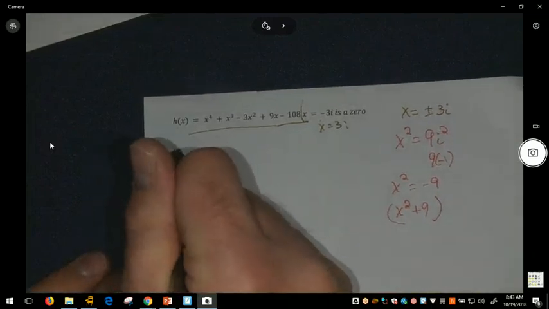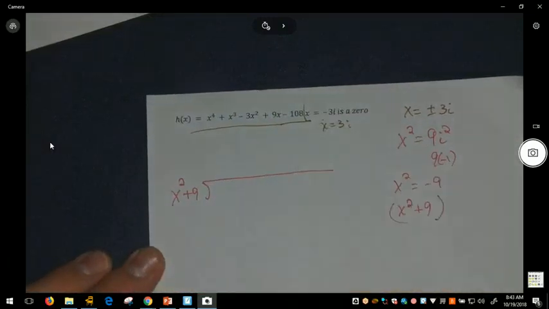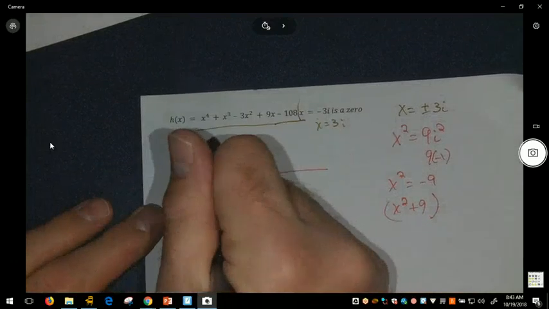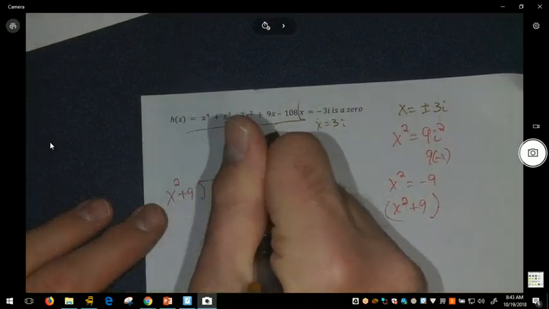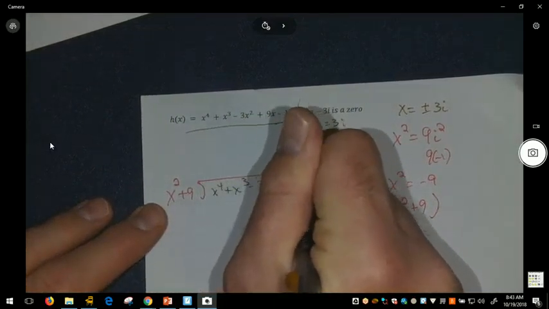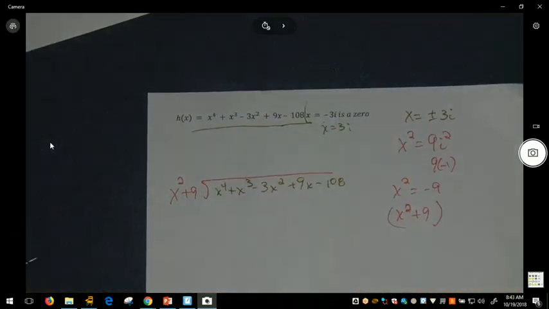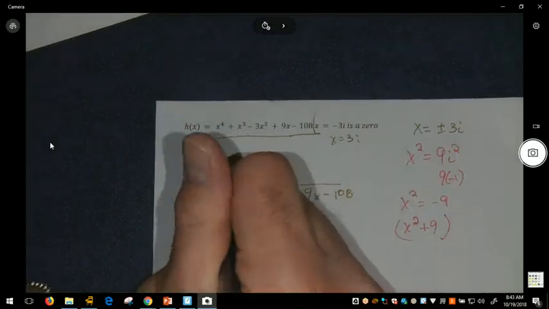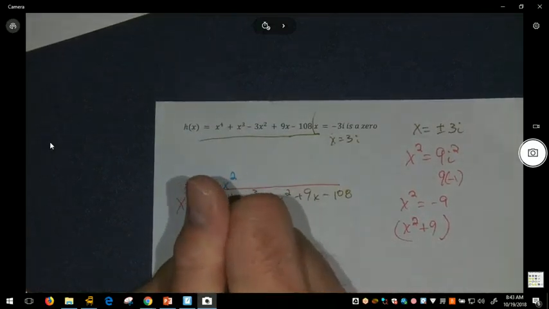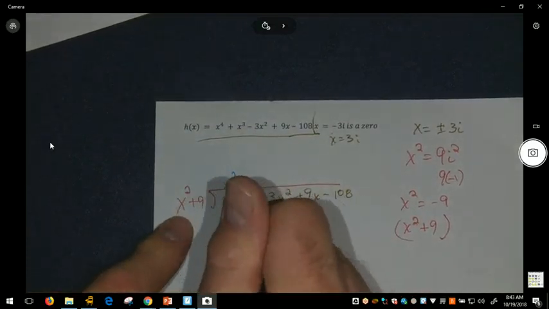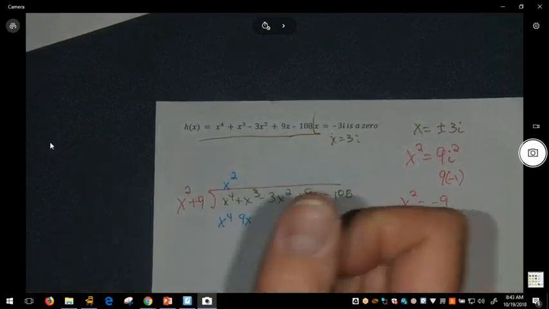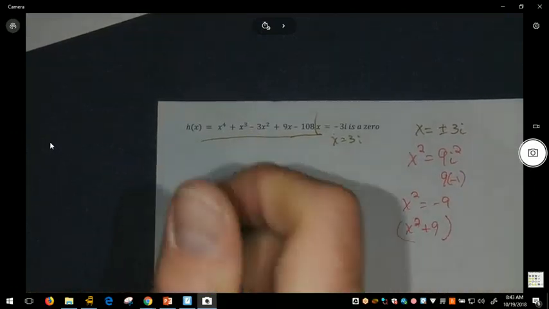I'm going to divide the x squared plus 9 as the divisor into the dividend of x to the fourth plus x cubed minus 3x squared plus 9x minus 108. To multiply to x to the fourth, we need to multiply by x squared. X squared times 9 is 9x squared. I'm missing an x term, so I have to do 0x cubed.